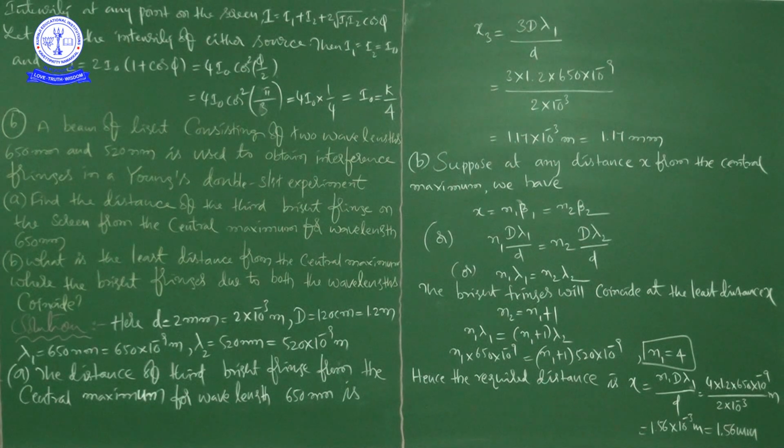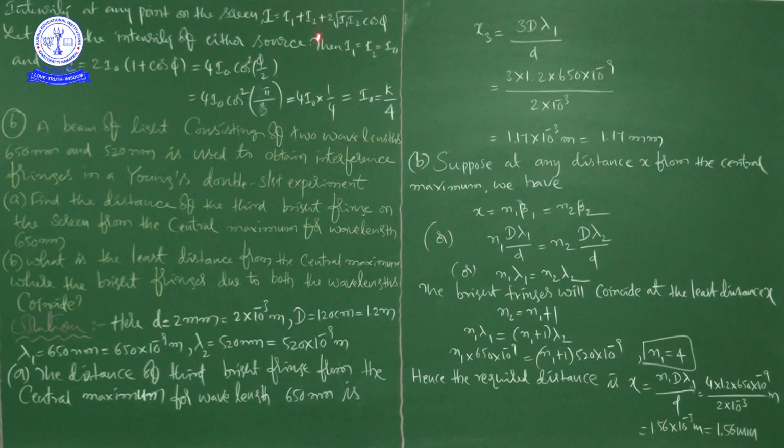Afterwards, if you observe carefully here, I is equal to 2 I naught. Since I1 is equal to I2 is equal to I naught, here you can write I naught, here also I naught. I naught into I naught square root gives I naught, that's why 2 I naught.